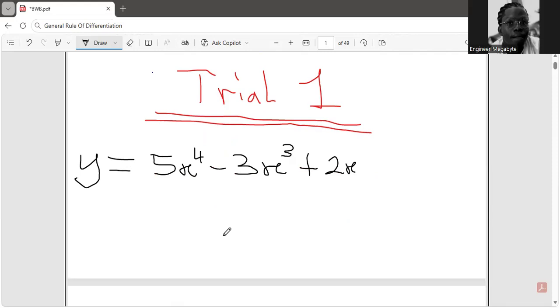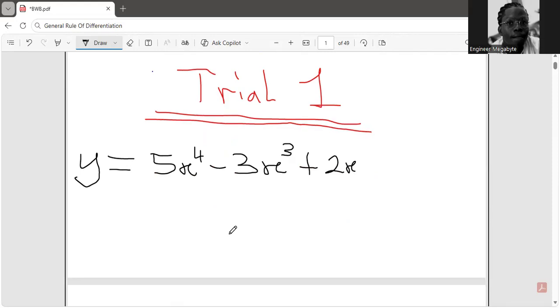If you have such a question and you are supposed to differentiate, what are you supposed to do? The first thing is that we have to repeat the question for 1 mark. Then from there, we can continue to solve the question.